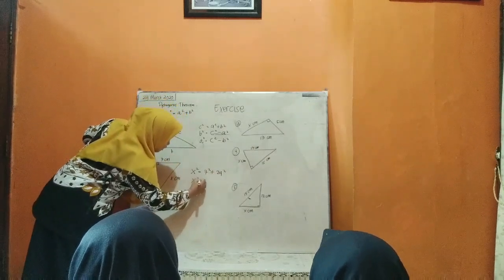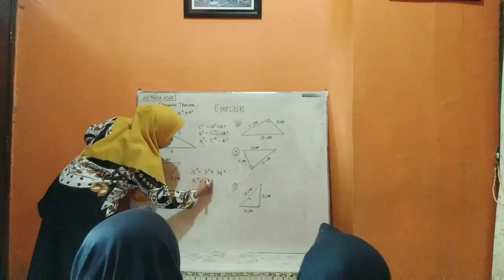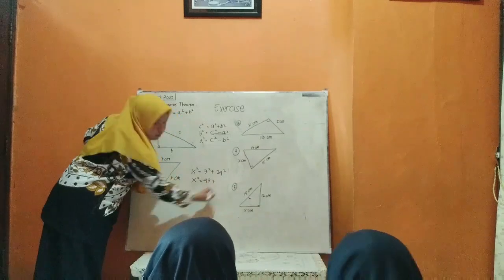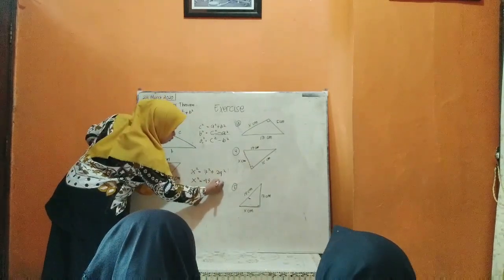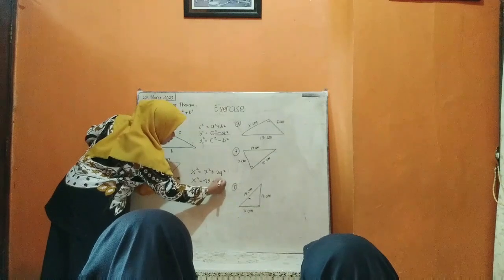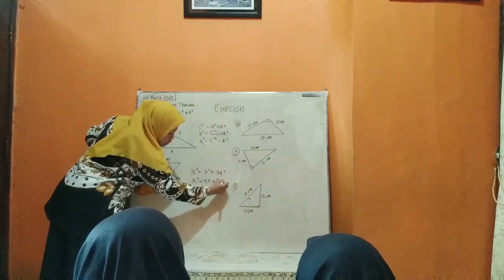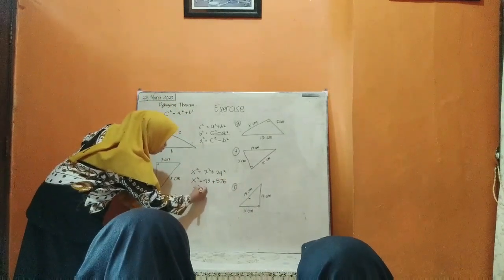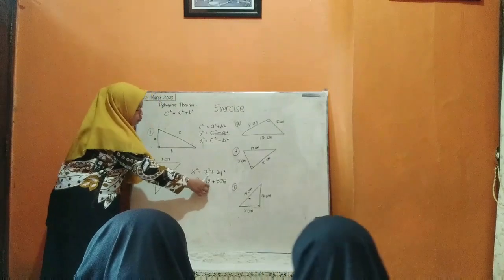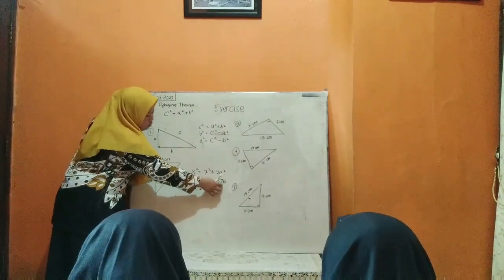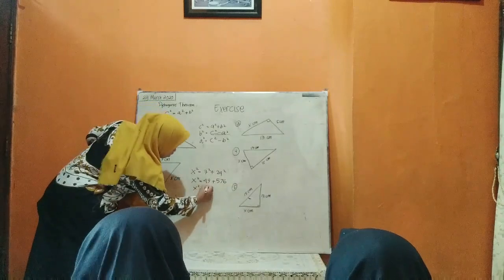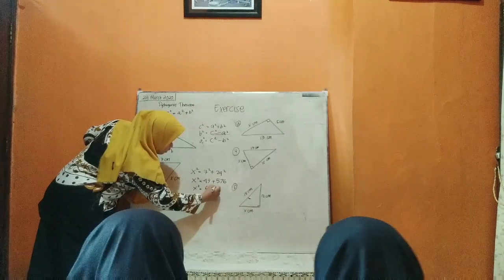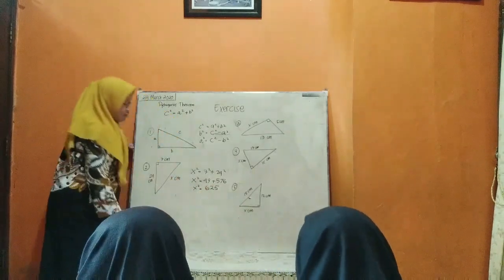And then x square is 49 plus 576. And then x square is equal to 625. That's right?